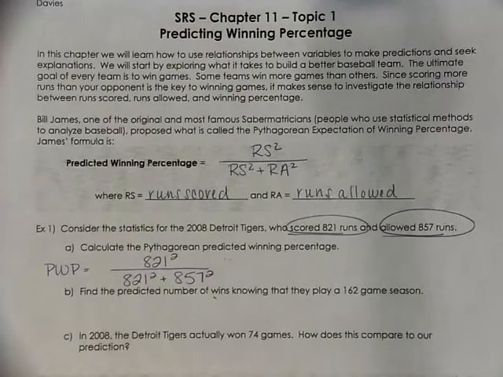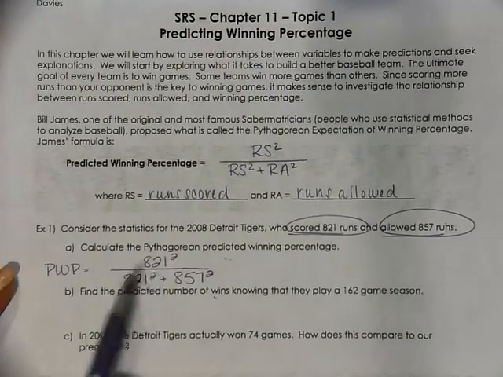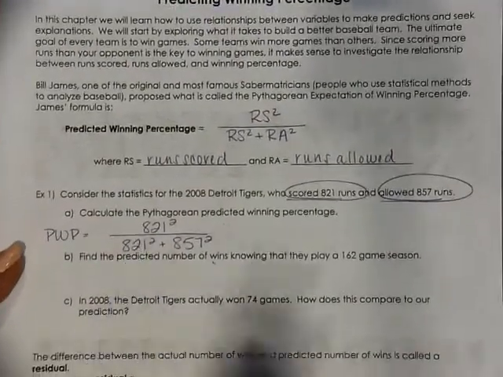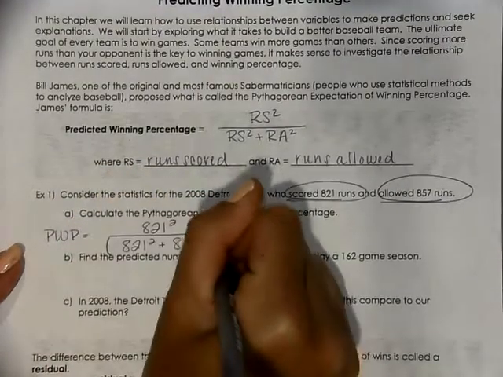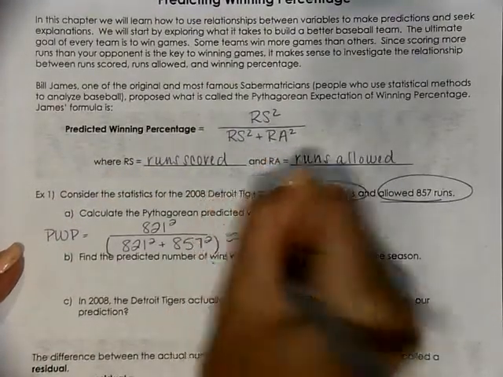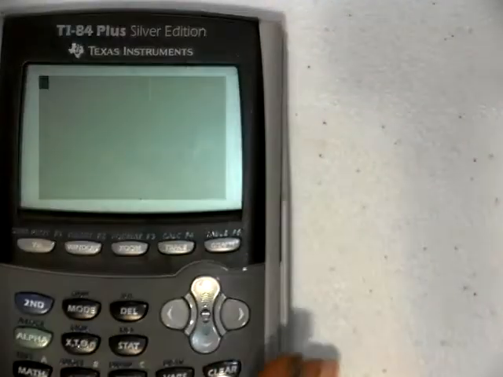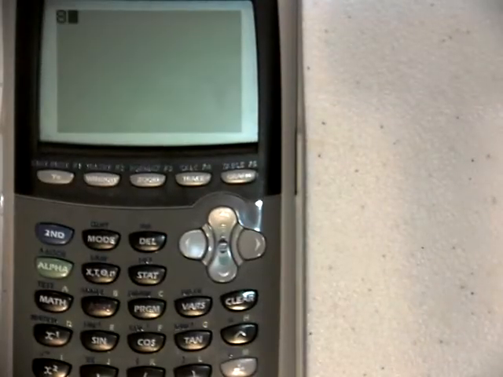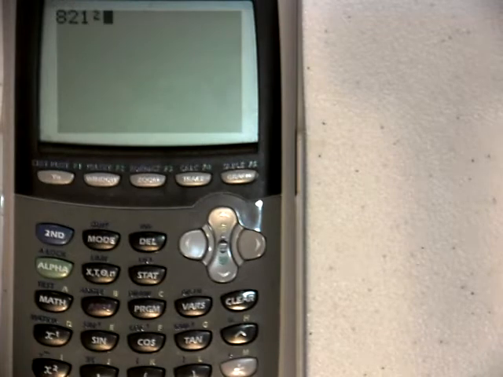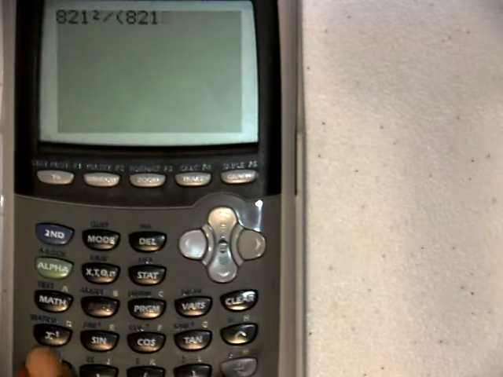So remember, it's going to give us their winning percentage. If you want to plug this in your calculator all at once, that's fine. Just make sure you put parentheses around your denominator. Okay? So 821, and you can use the little squared key off to the left. Don't forget to put parentheses around your entire denominator.